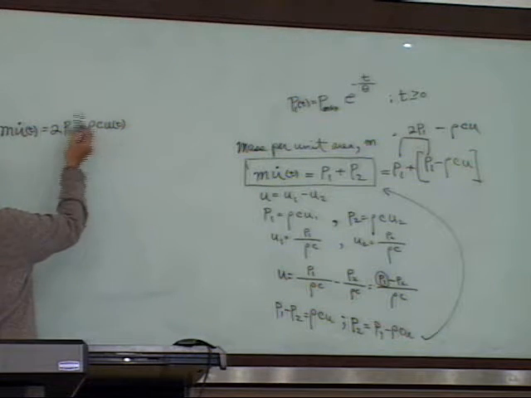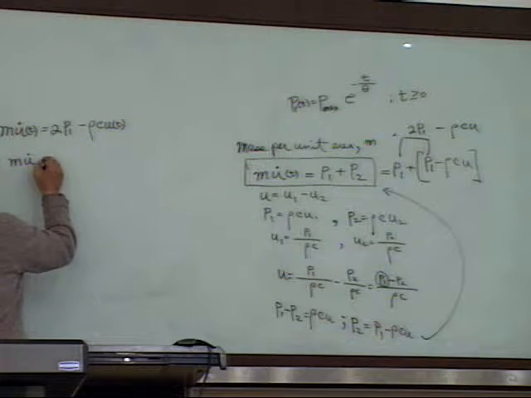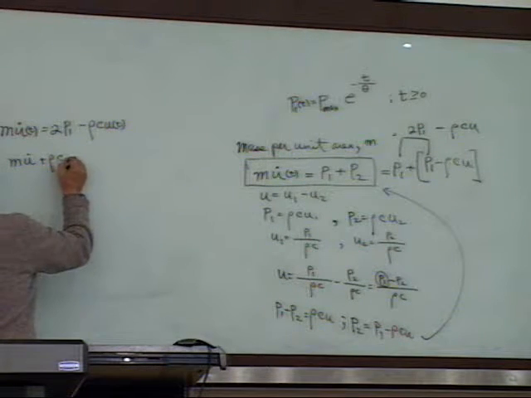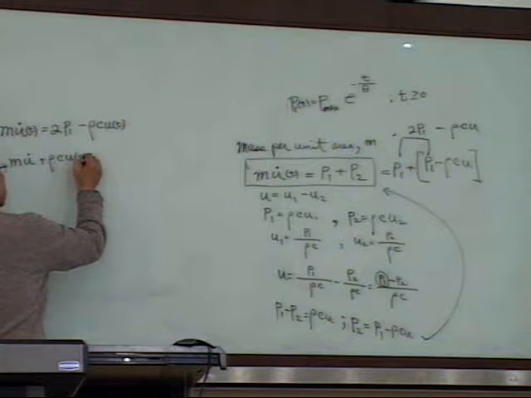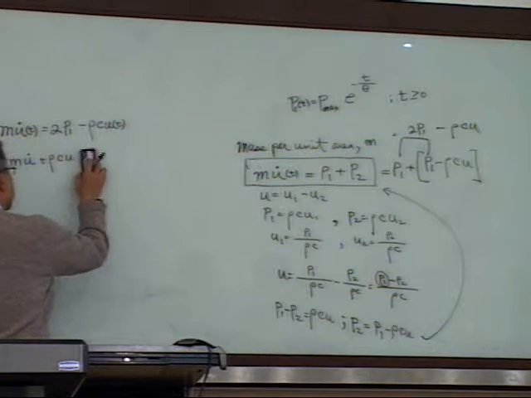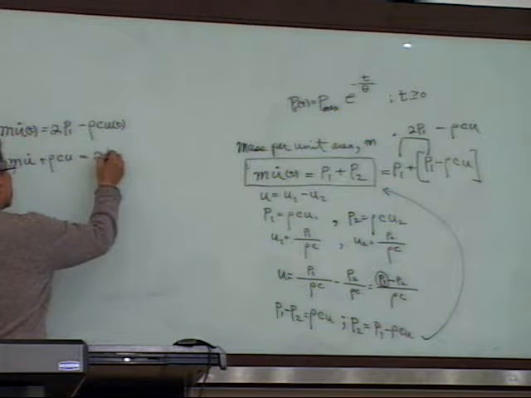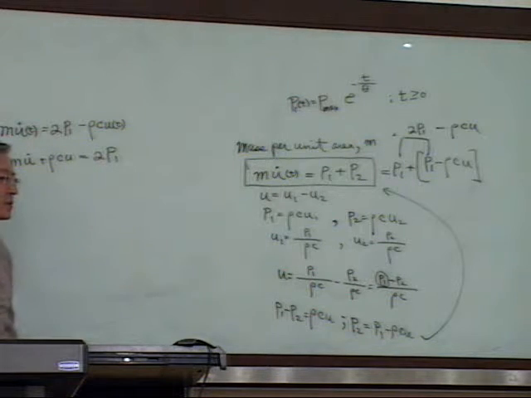I'm going to move this to the left-hand side: mu dot plus rho C u is equal to 2P1.